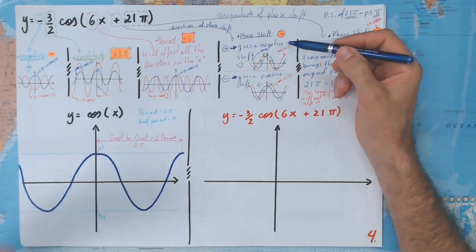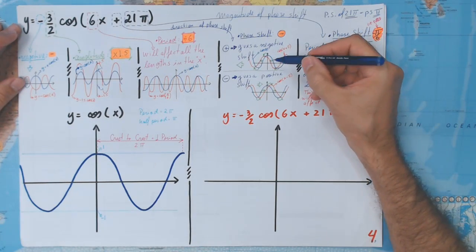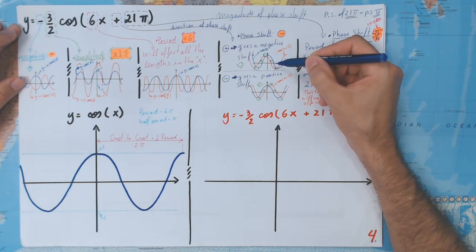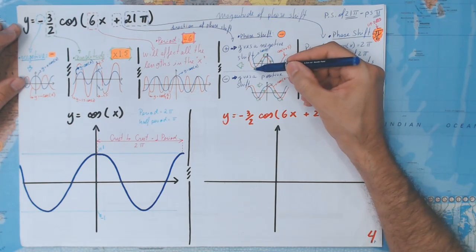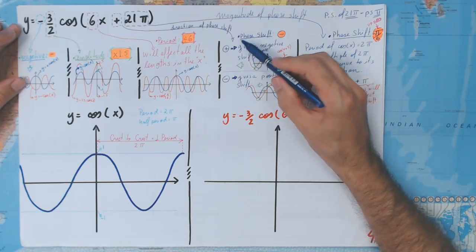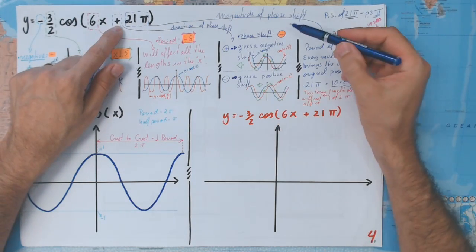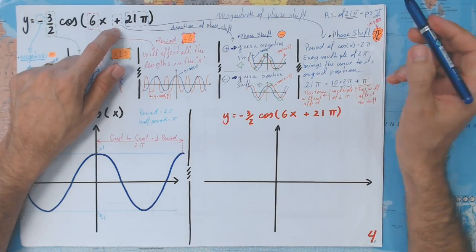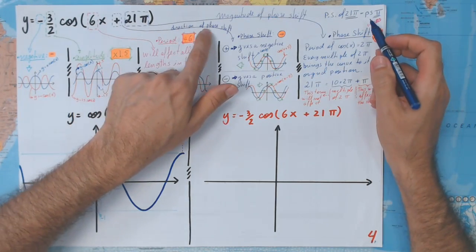So every single point is going to be moved to the left. You see, that point was taken to the left, that trough went to the left, everything to the left. If we have a minus, the opposite takes everything to the right. Now, this is the direction of the phase shift.